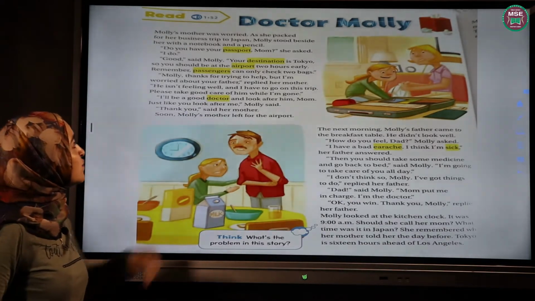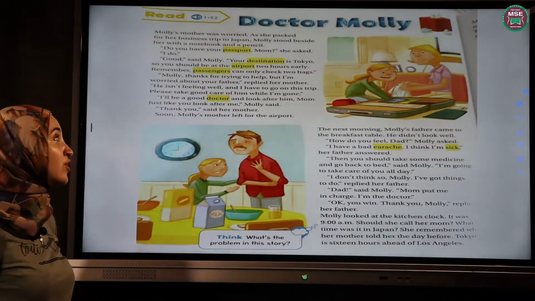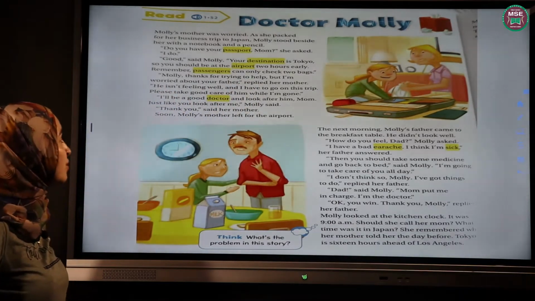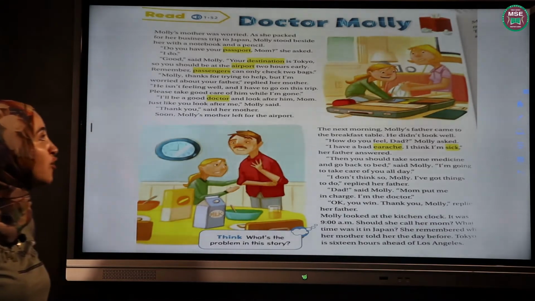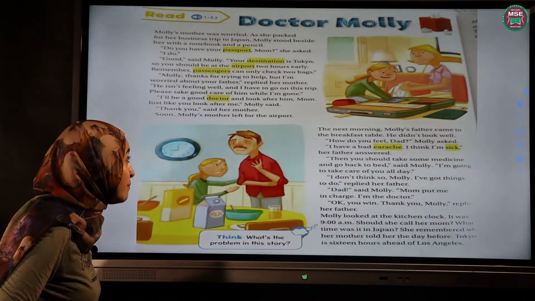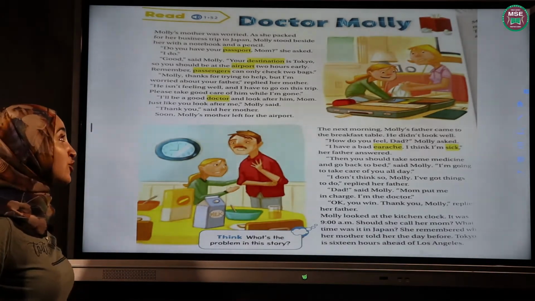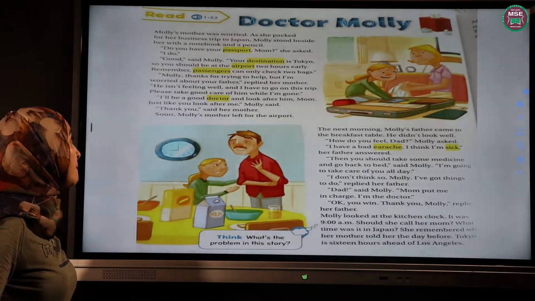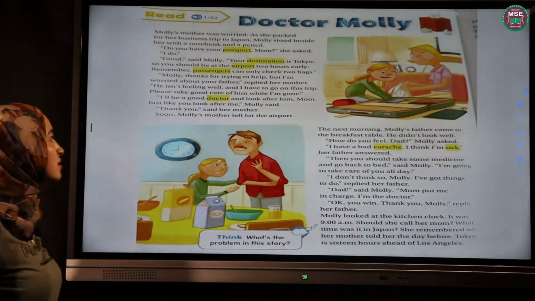"Molly, thanks for trying to help, but I'm worried about your father," replied her mother. "He isn't feeling well, and I have to go on this trip. Please take good care of him while I'm gone." "I'll be a good doctor and look after him, Mom, just like you look after me," Molly said.